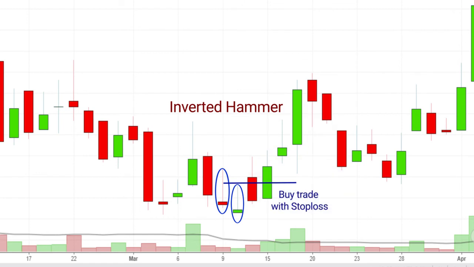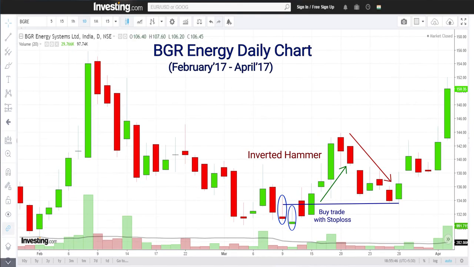Then there was a quick bit of up move and eventually a pullback close to the high point of the inverted hammer candle. Eventually when the price moved much higher, the stock moved from 130 odd levels to 155 odd levels in a matter of 2 or 3 weeks. So this was a great example of an inverted hammer in the daily chart.